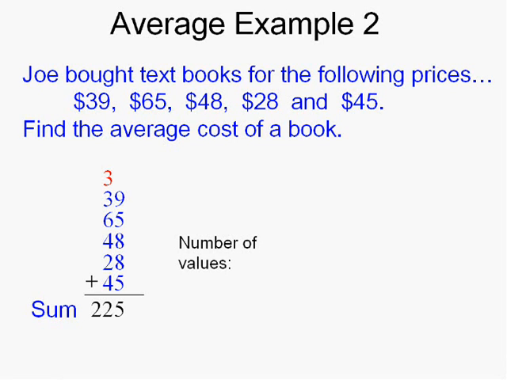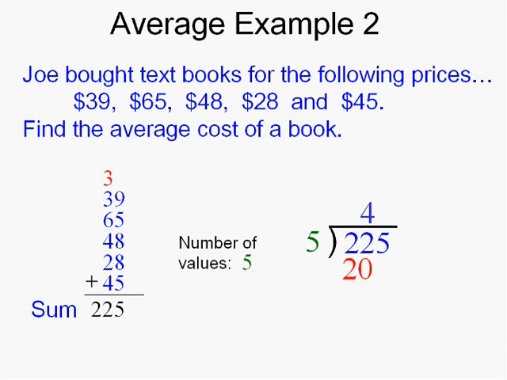Now to find the average, what do I do with that 225? How many values do I have? 5. So I divide 5 into 225. Let's do it again. 5 into 2, well, it doesn't go in, so we don't write the 0. 5 into 22 goes 4 times.